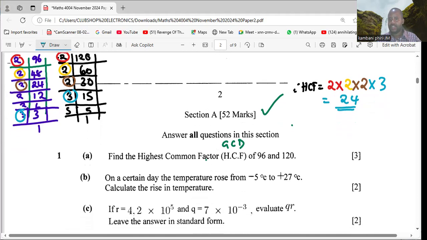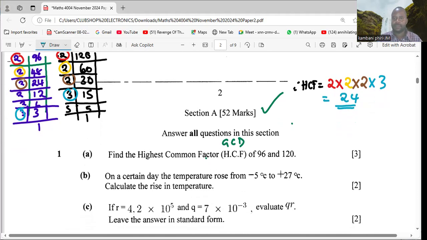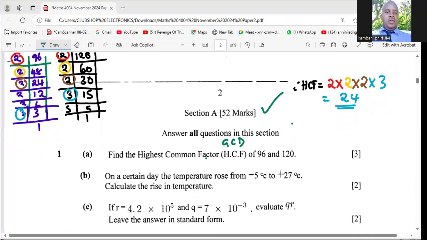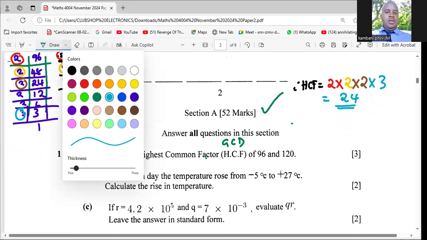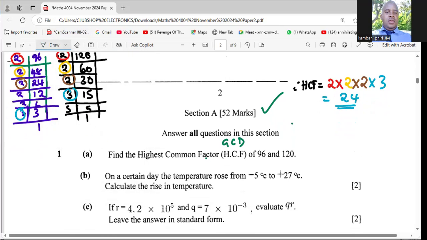All right. So let's look at the next question. We are saying on a certain day, the temperature rose from -5 degrees Celsius to 27 degrees Celsius.